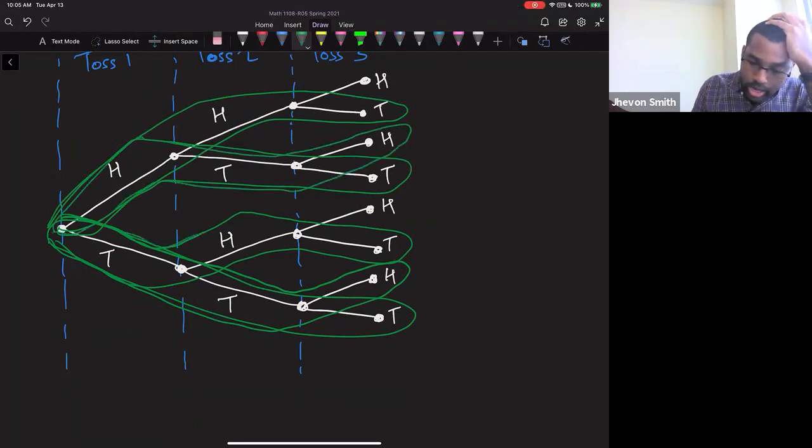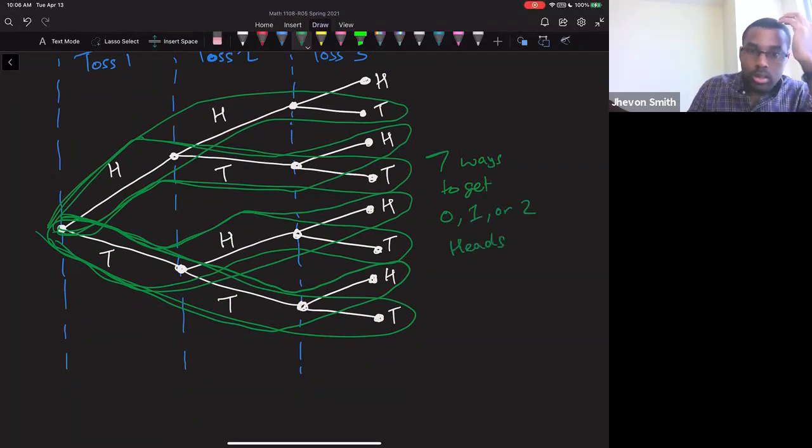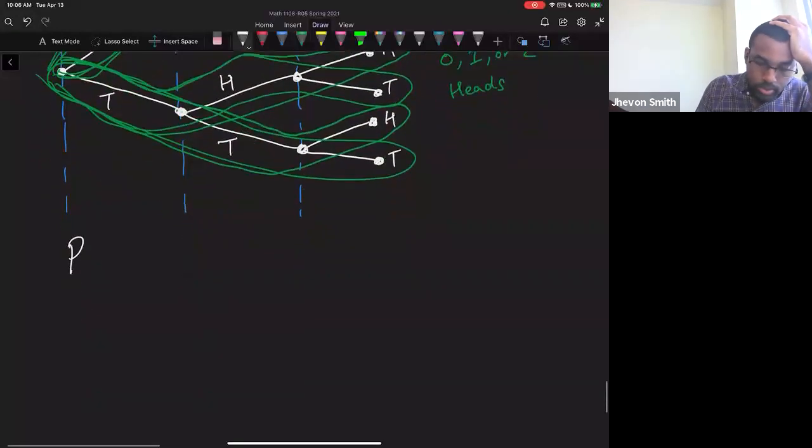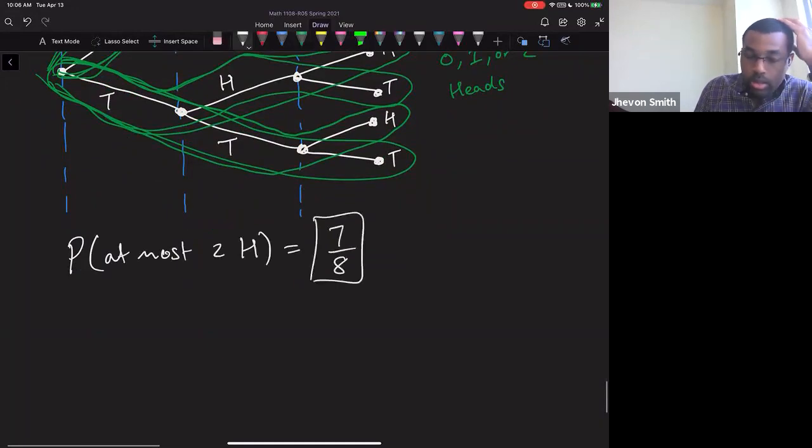Or I can get a tail, a head, and then pick another head. You'll notice that there are 7 ways to get 0, 1, or 2 heads. So I can say the probability of at most 2 heads is 7 over 8.